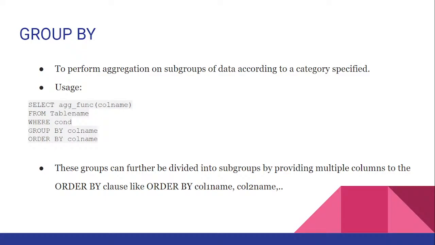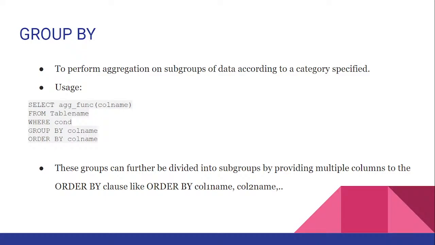So now we'll focus on group by. Why is group by used? It is used to aggregate data into subgroups based on some category specified in a column. So here, the example I was taking, the category was the months. So all of the rows which have the value January under the column month name would be grouped together.